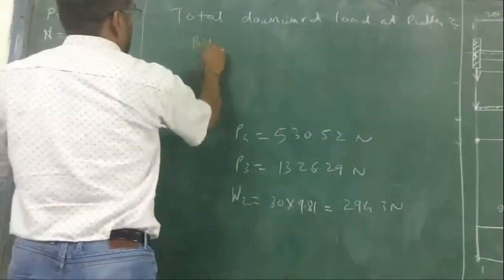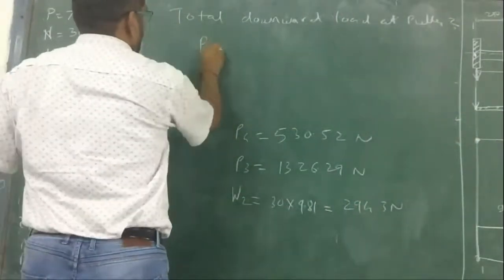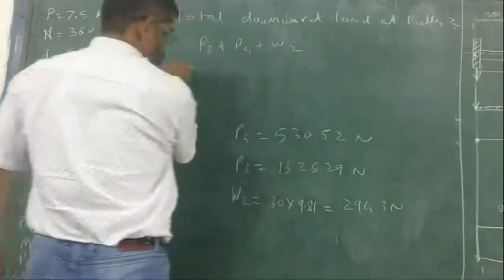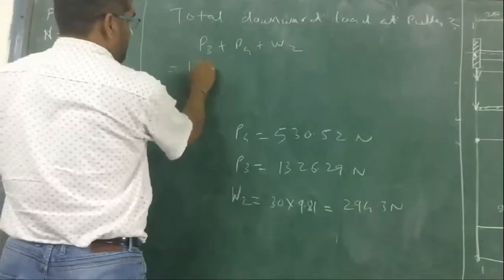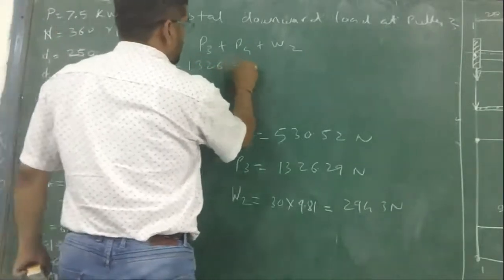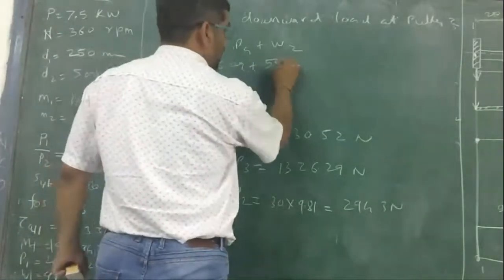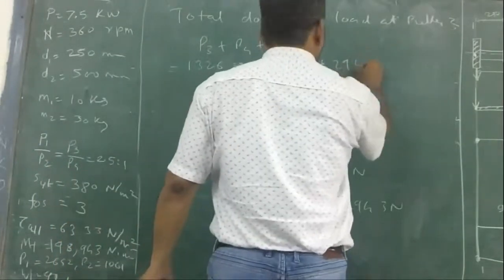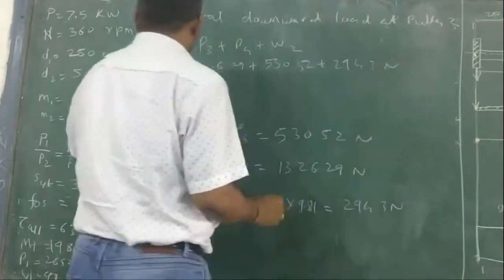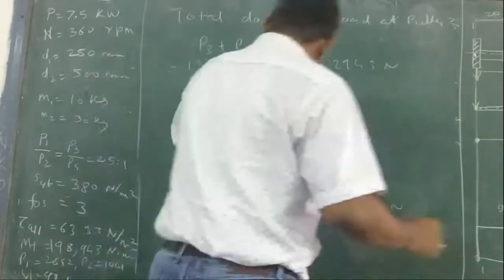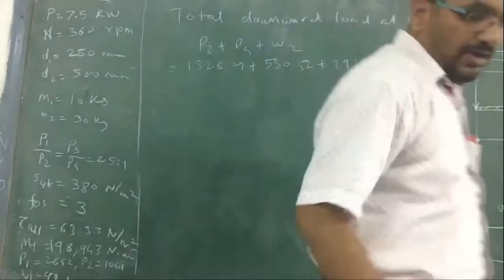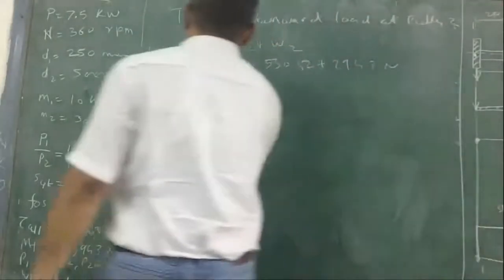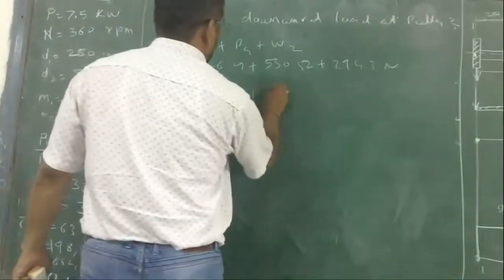It's P3 plus P4 plus W2, which is equal to 1326.29 plus 530.52 plus 294.3 Newton. Right? So the total load will be that amount. The total load at this pulley is 2151 Newton.